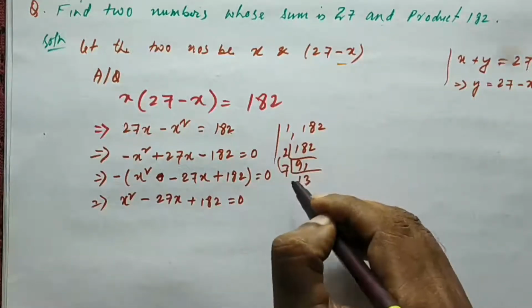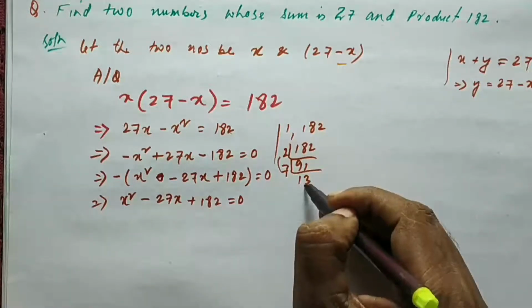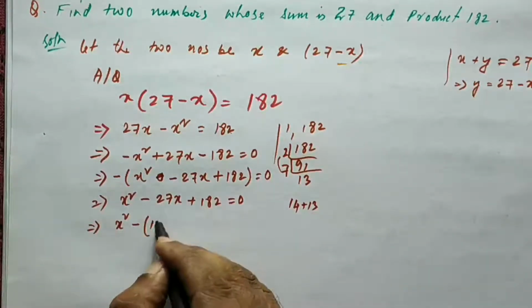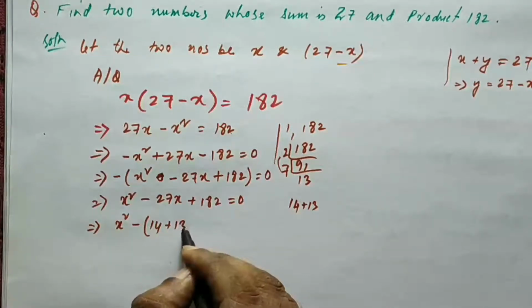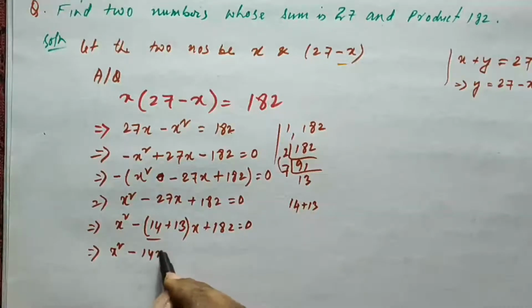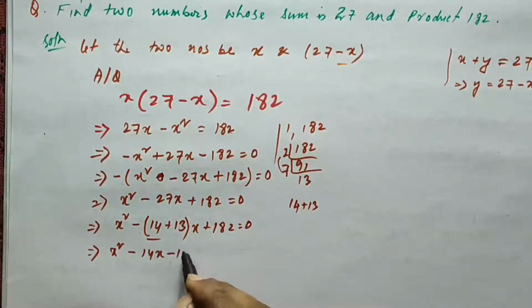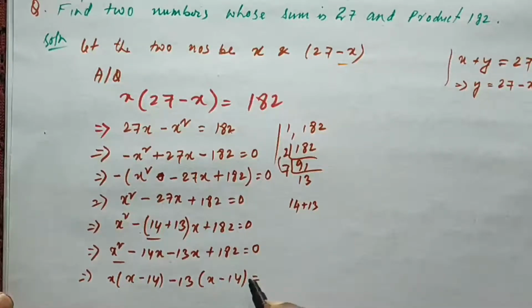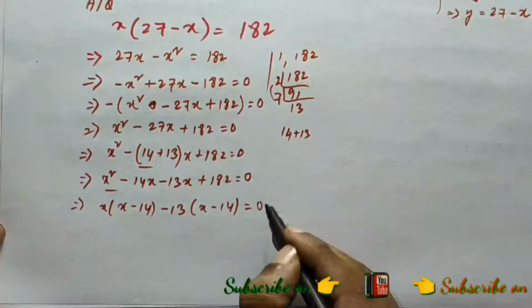So 2 7 is 14, 14 plus 13 is 27. x square minus, within bracket, 14 plus 13. So let us open the bracket of this one, minus 14x, minus into plus is minus 13x. Take x common from these two, x minus 14. Minus 13 can be taken common here, x minus 14. 13 into 14 is 182, equal to 0.